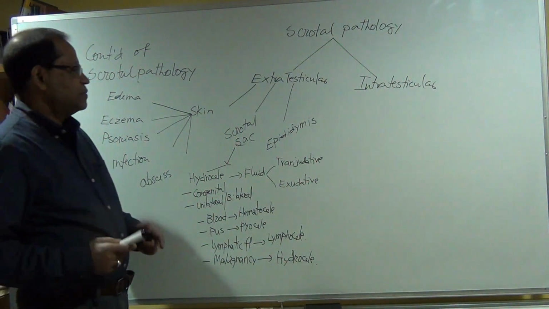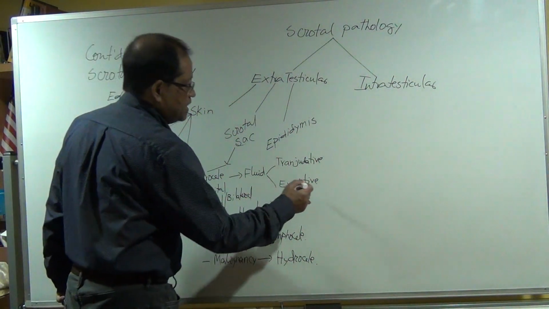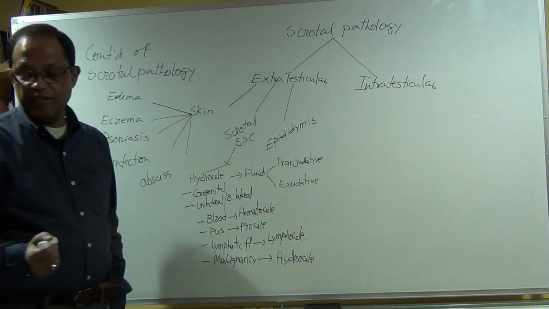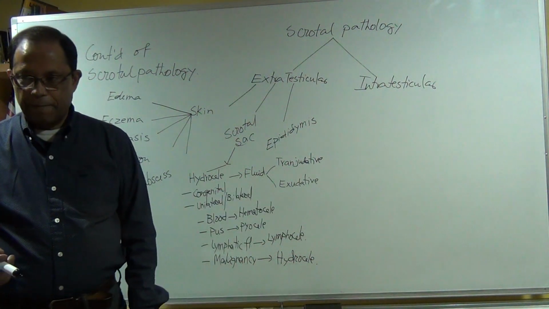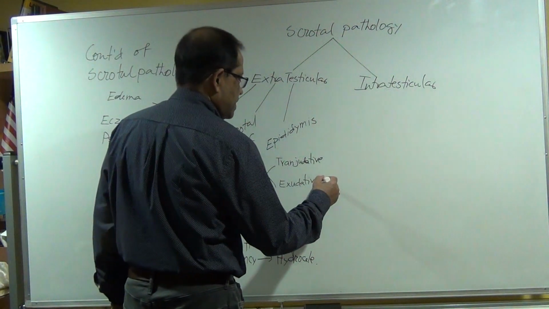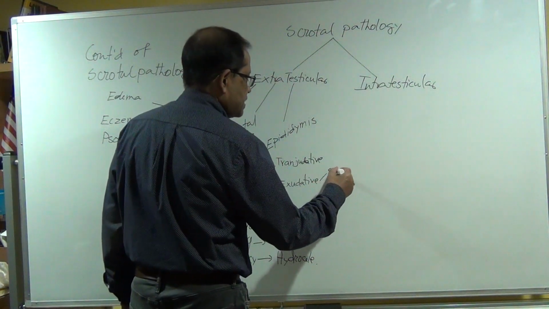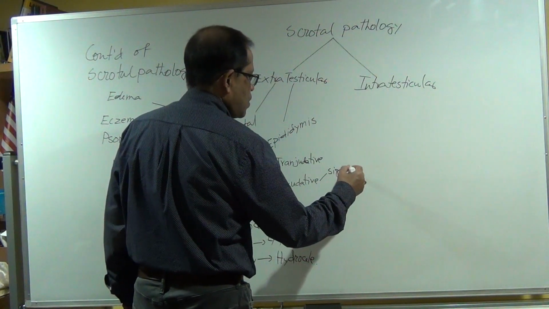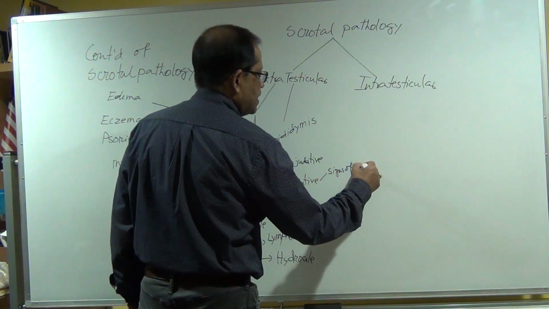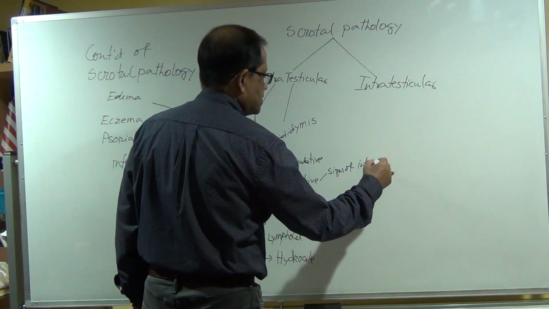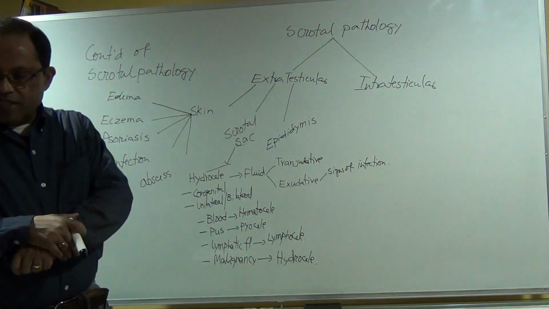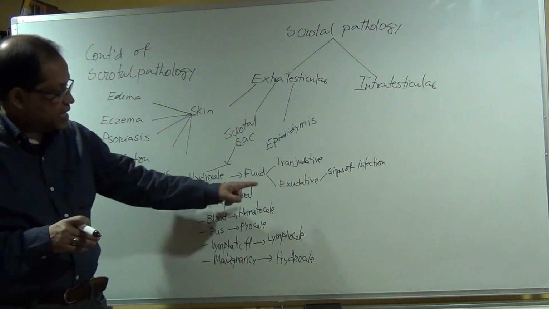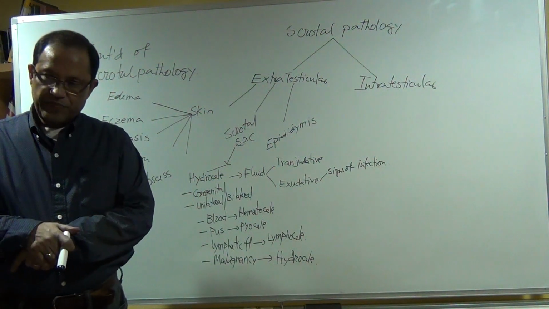Okay, so now if it is infectious fluid, if it is exudative fluid, then what is going to happen? You will see the signs of infection. What are the signs of infection if it is exudative fluid?